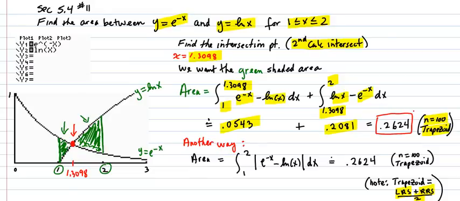Now the other way to do it is just run the integral over the entire region and just make sure all the function values for the differences are positive by doing the absolute value. Do the absolute value here.